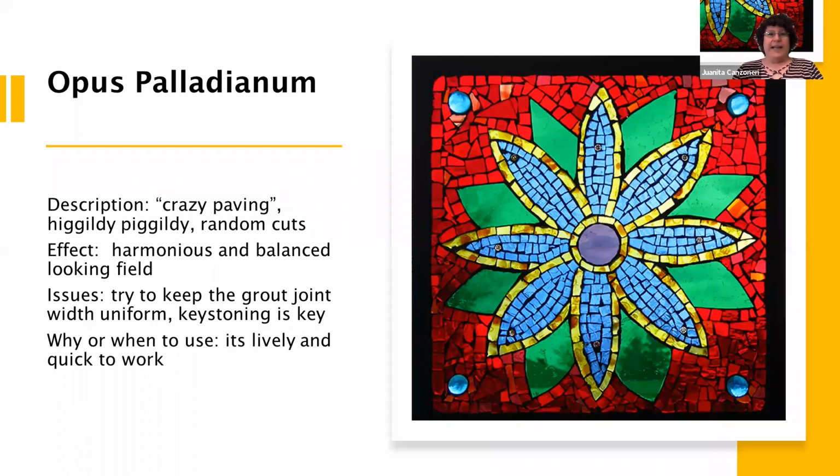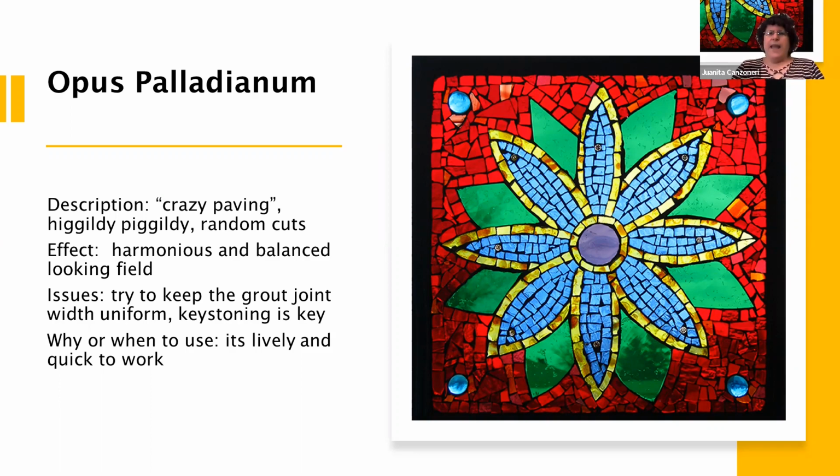Then we've got Palladium. And this is just kind of random scraps of stuff all laid randomly. If you've got areas where the grout joint's a little wide, it can call attention to itself. But overall, it gives a nice harmonious feel if you've got a really staid foreground, which I do in this piece.